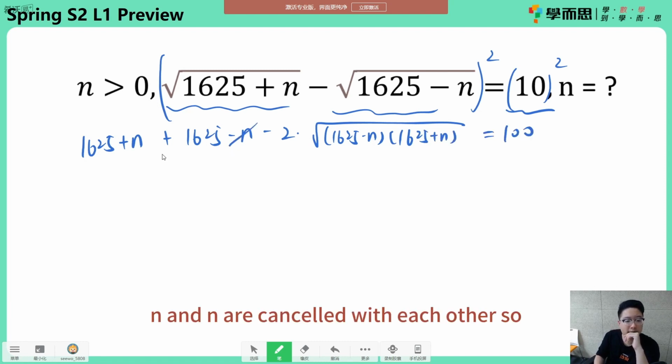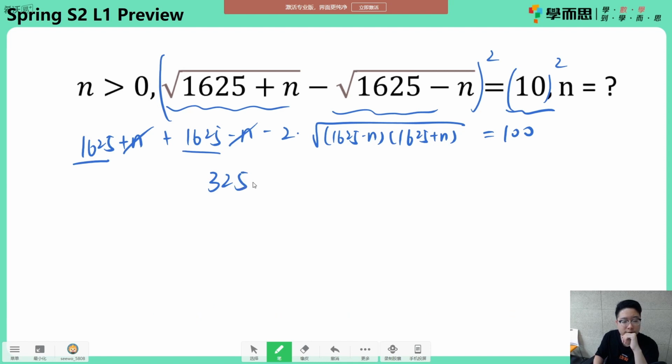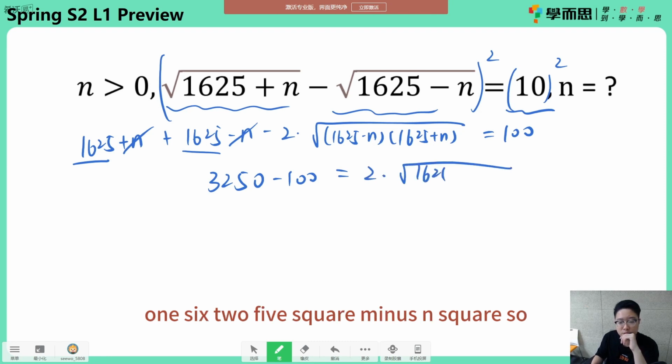So n and n cancel with each other, so this part plus this part equals 3250, right? And then minus 100 equals 2 times square root 1625 squared minus n squared.